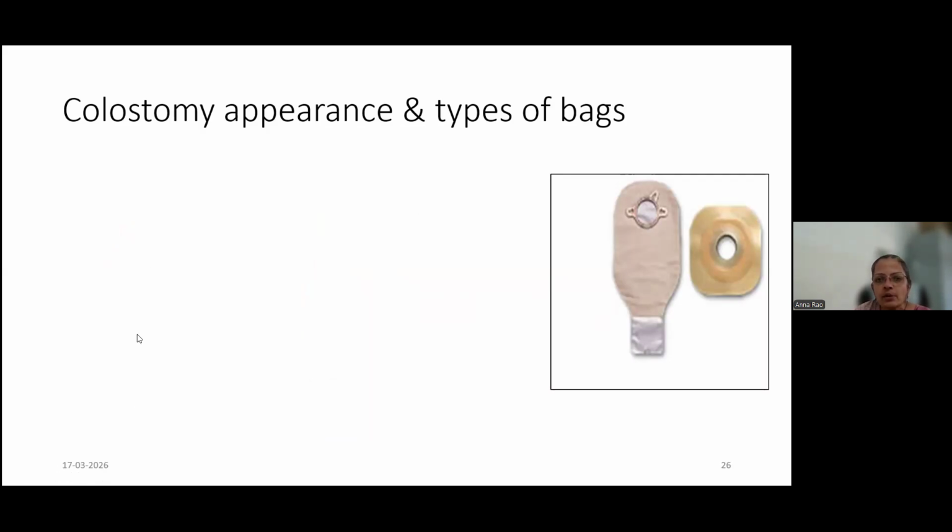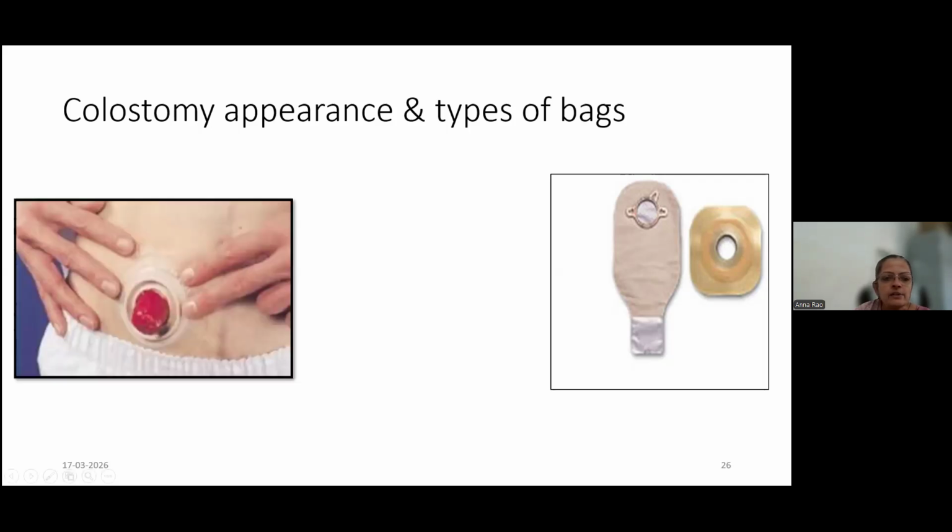And these are some of the types of bags that are given here, right? So here you can see the normal stoma and on the right you can find the two-piece colostomy, right? So one is the wafer and over that this bag will be fixed. Okay, so here you can see the wafer is stuck to the abdominal wall, and over that the patient will fix the colostomy bag.